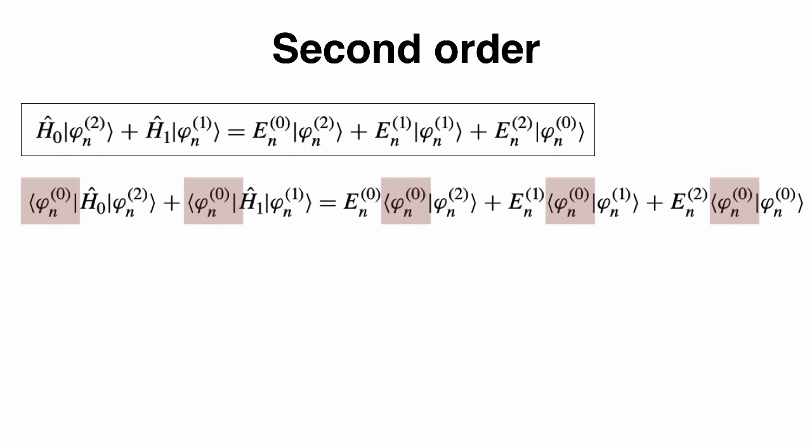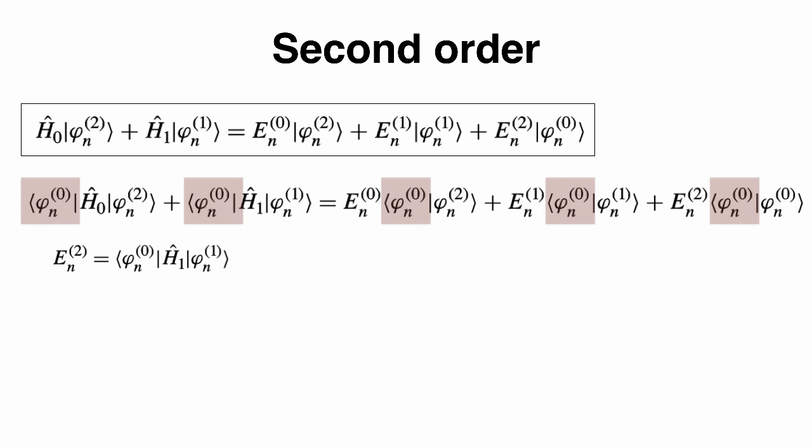Now, here is what's interesting: the first term, of course, we know how to calculate, but we know that we are going to find that En2 will be equal to phi n0 H1 phi n1. How do we see that? Well, we see that because the first term on both sides of the previous equation are the same, since phi n0 is an eigenstate of H0 with eigenvalue En0.